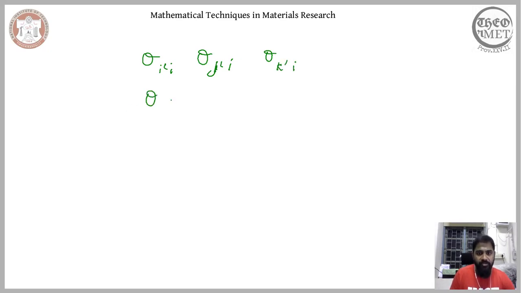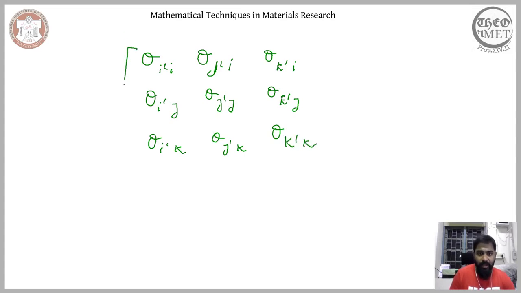And the other row is going to be theta i prime j, theta j prime j, and theta k prime j. And this row is going to be theta i prime k, theta j prime k, and theta k prime k.